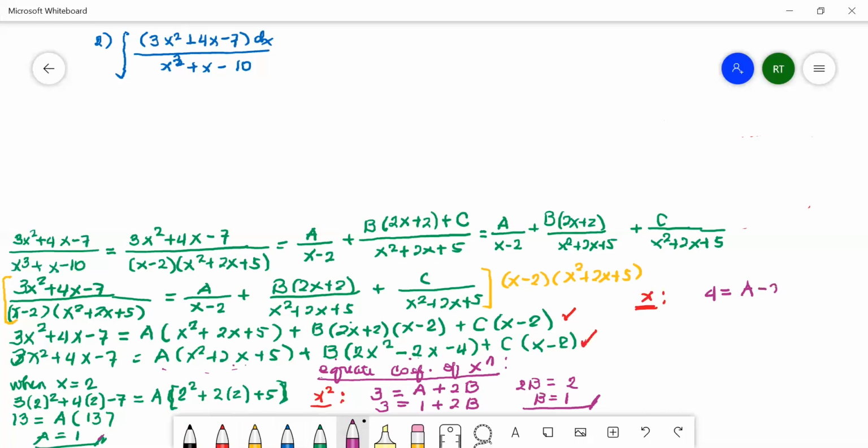The numerical coefficient is negative 2b. And we have c times x, the numerical coefficient is c. Now, a is equal to 1 and b is equal to 1. Therefore, the equation becomes 4 is equal to 1 minus 2 times 1 plus c.